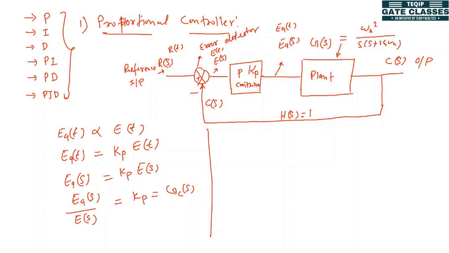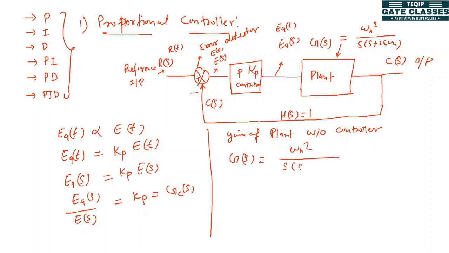Now what is the gain of the plant without the controller? The gain is G(s), and G(s) is omega n square divided by s(s plus 2 zeta omega n). This is the gain.